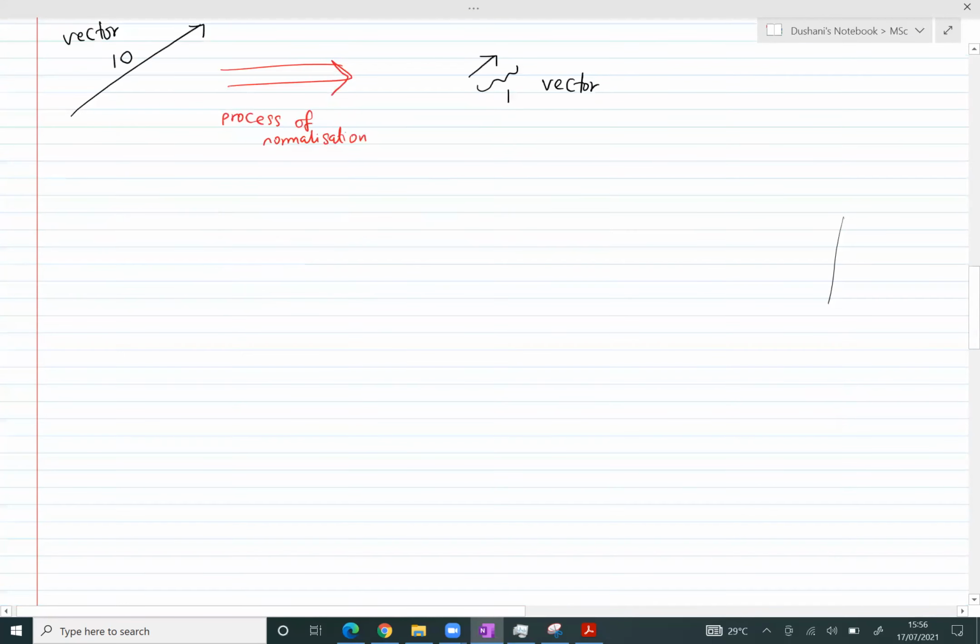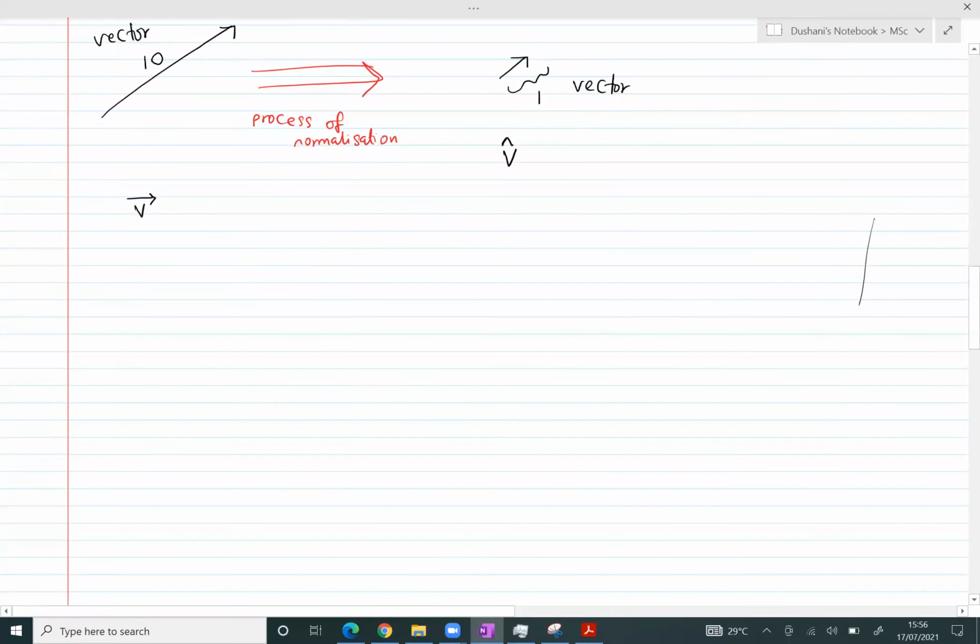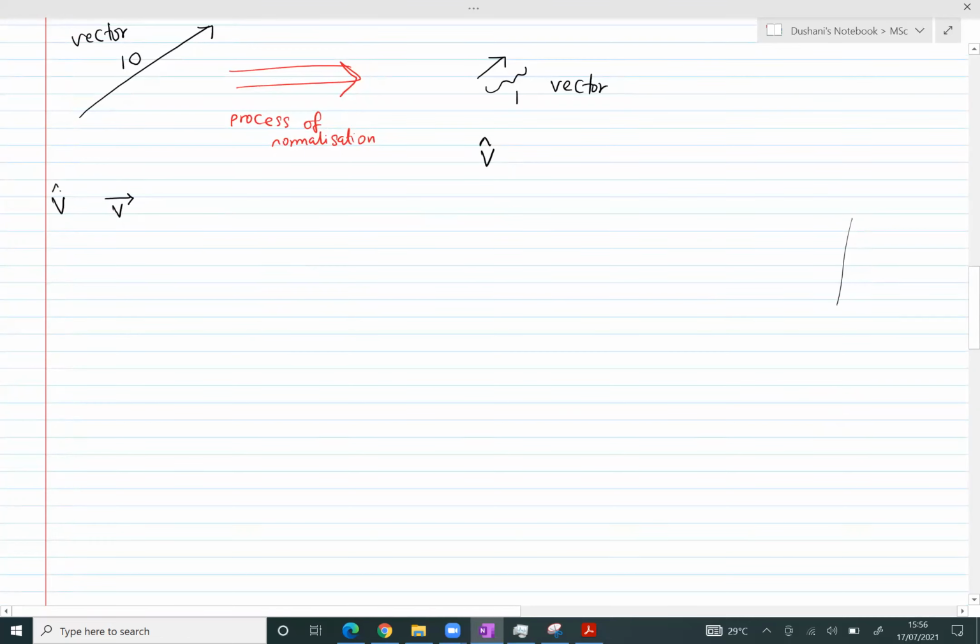So for any given vector v, its unit vector is usually written like this. The unit vector is calculated in this way. Given a vector v, the unit vector of v is equal to the vector divided by the magnitude of that vector.